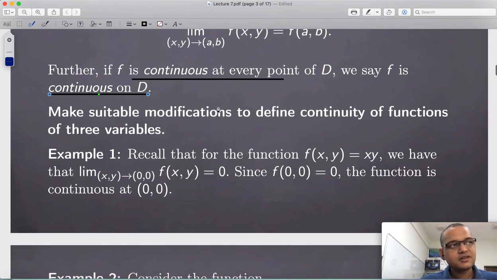Whatever examples we studied over there, you can try to modify suitably so that you get enough examples for functions of two variables. For example, I take a simple function f of (x, y) equals x times y. What we need to see is what is happening to the limits.